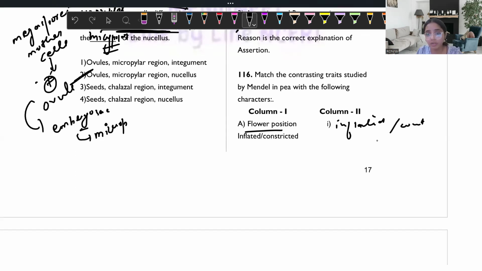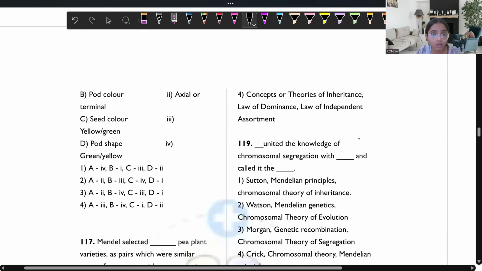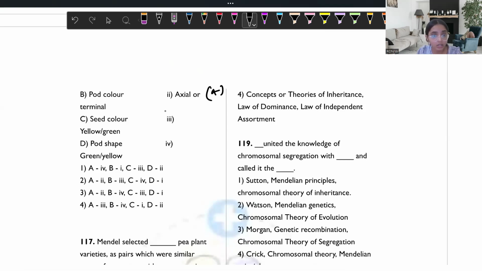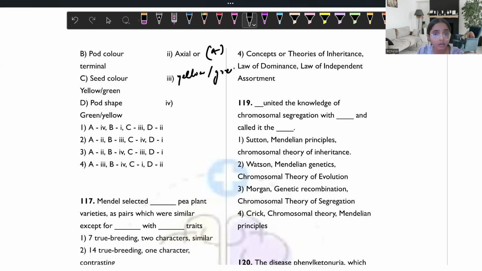Is flower position ever inflated and constricted? No. Flower position is axial or terminal. So this is A. Seed color is yellow, green.